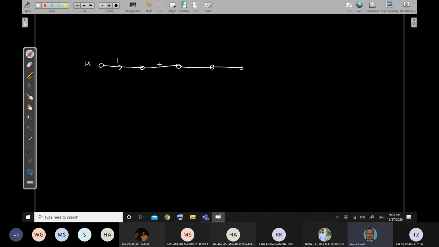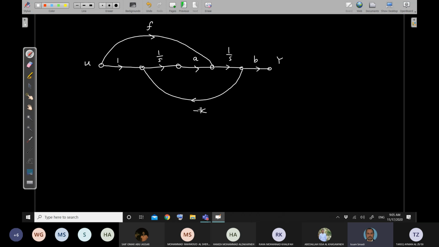Here I'm having 1 over S. Here I'm having a factor, let's say A. And from here to here, I'm having a feed forward path with certain gain or transfer function. After that, here I'm having 1 over S. And here I'm having certain transfer function B. And this is Y. Now, from here, I'm having a feedback with, let's assume, minus K.